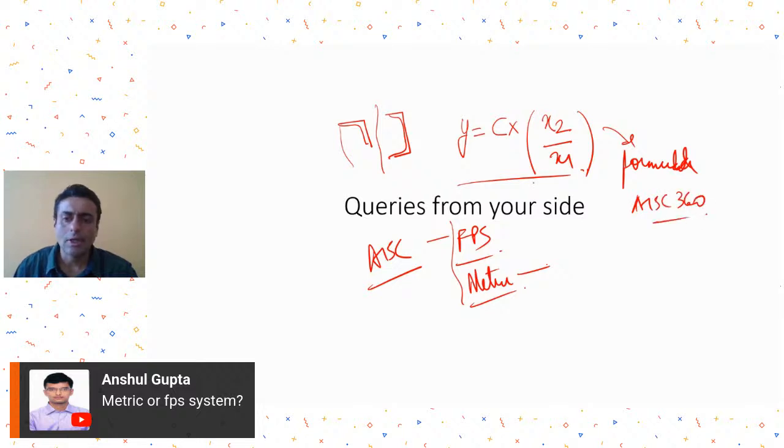The good part about all these formulae is that they have been made in such a way that if you put in consistent units, you will get the output in the same system. What I mean is that, let's say x2 and x1, you put them as per the FPS system. Understand? So you will get the output also in the FPS system.